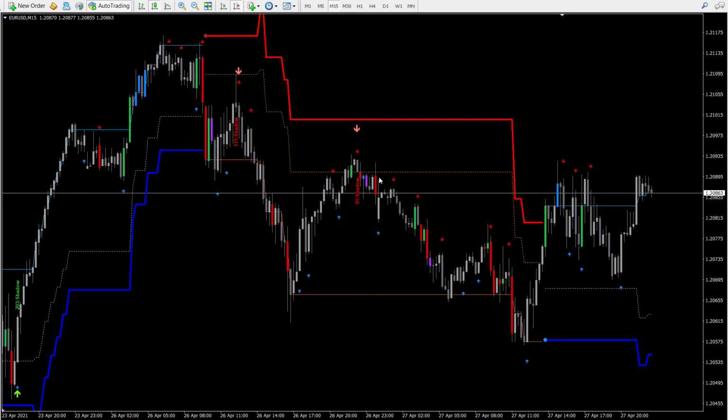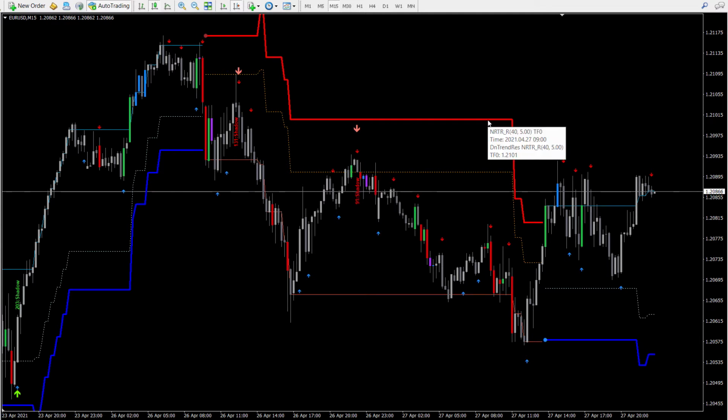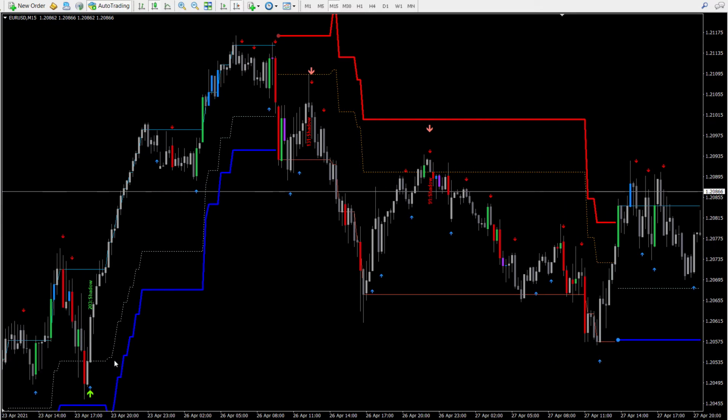So for the second check, if the price goes inside the NRTR shadow, then it is a signal. Suppose it goes inside the resistance shadow, then it is a sell signal, and suppose it goes inside the support shadow, then that is a buy signal.